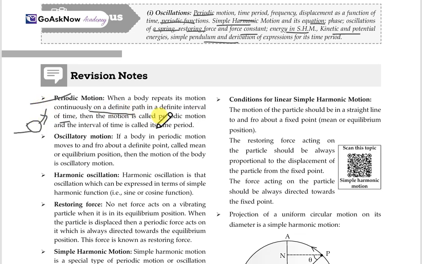Then the motion is called periodic motion, and the interval of time is called the time period.